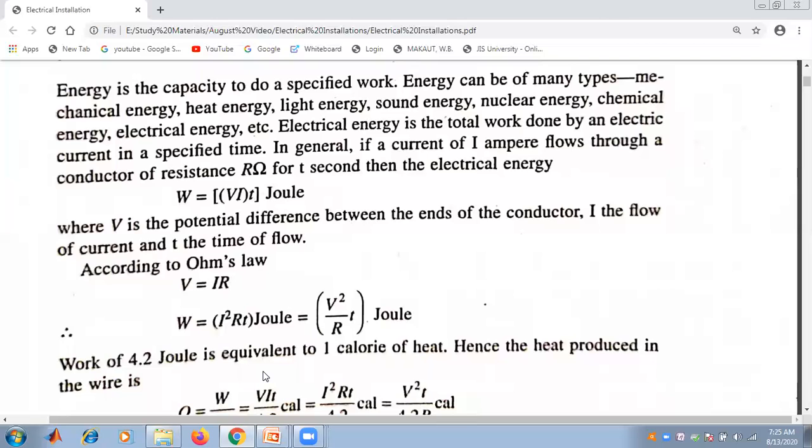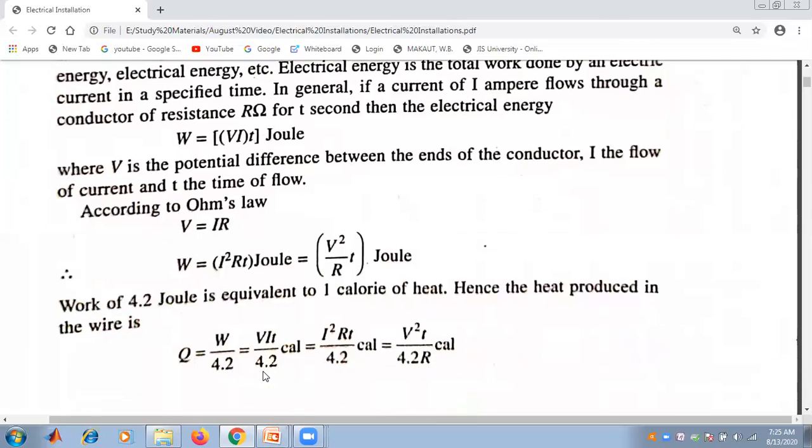It is clear that a work of 4.2 joule is equivalent to 1 calorie of heat.